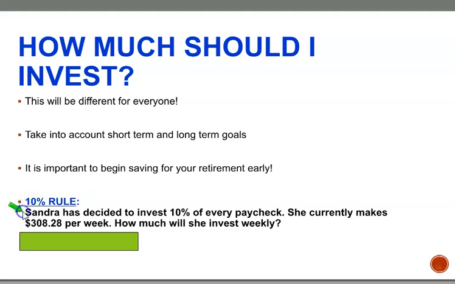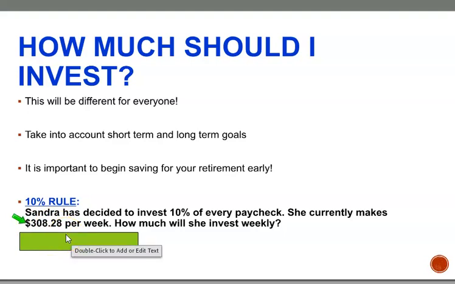Here's an example. Sandra has decided to invest 10% of every paycheck. She currently makes $308.28 per week. How much will she invest weekly? You want to take 10% of $308.28. Remember, of means what operation?